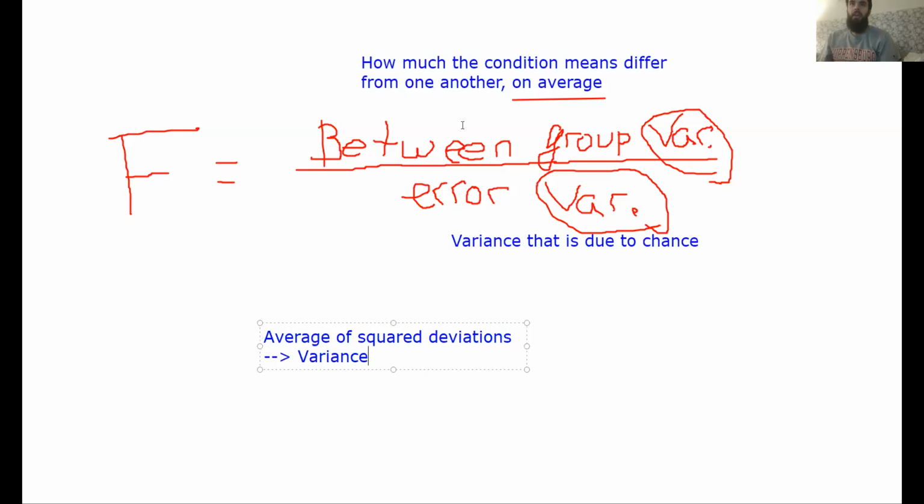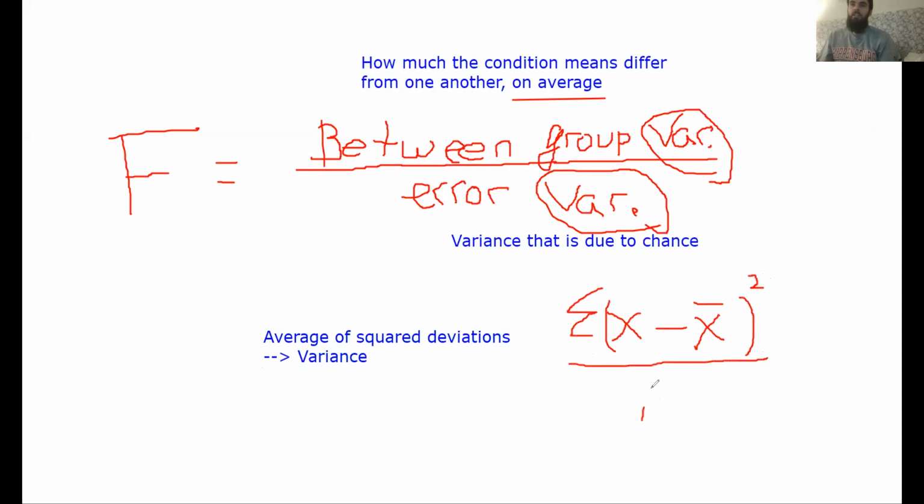So remember, we calculated variance by taking some value, subtracting the mean, squaring that, adding all those squared deviations together, and then dividing by the number of people we have in our sample, the number of scores that we have.